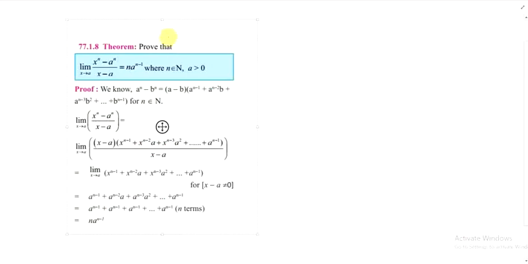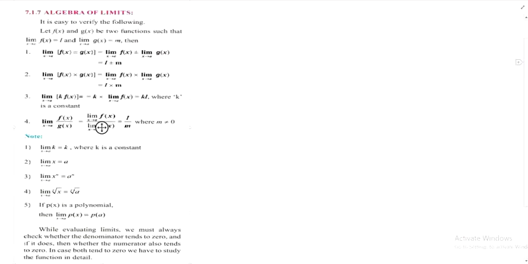Okay, now here let us see the another part. What is that part? That is algebra of limits. As we know, we have learned from second, third, fourth standard, if numbers are there, just like natural numbers, integers, rationals, then we see algebra of these numbers.